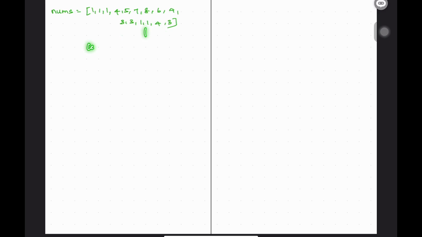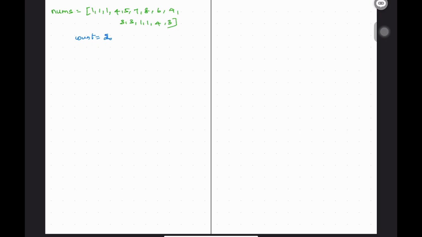So our count will get incremented to 1. See, 4 is greater than 1, and the other neighbor is also greater than 1. Now when 4 comes, 1 is lesser and 3 is also lesser, so now the count got incremented to 2.